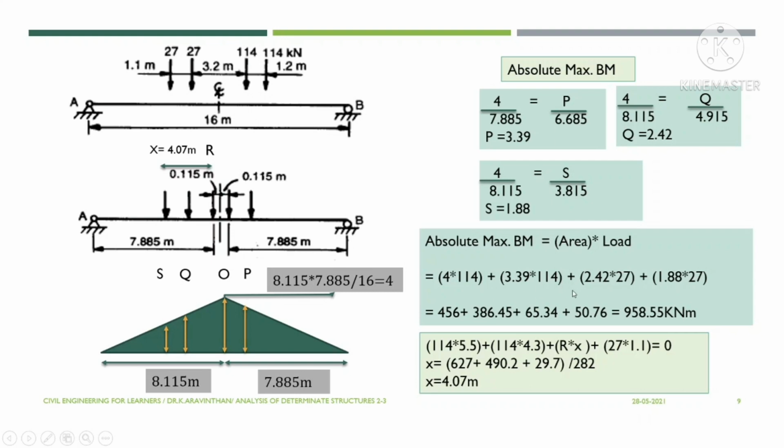If I multiply and add these, I will be getting 9588.5 kilonewton meter. So this is the absolute maximum bending moment.